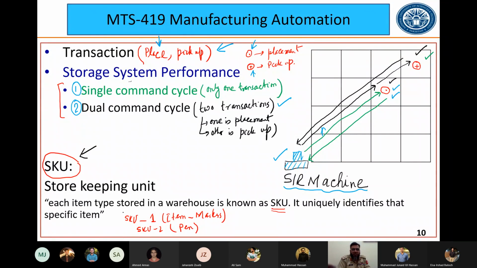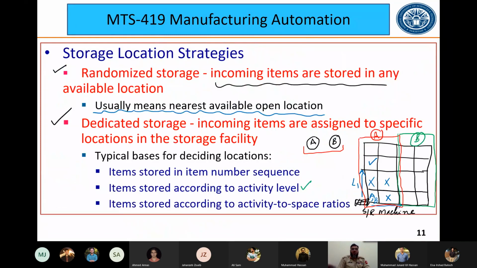Let's see, here SKU1 are the markers and SKU2 are the pens. So these pens and markers will be called SKU, store keeping unit. They are the identification of the items which are stored. All right.